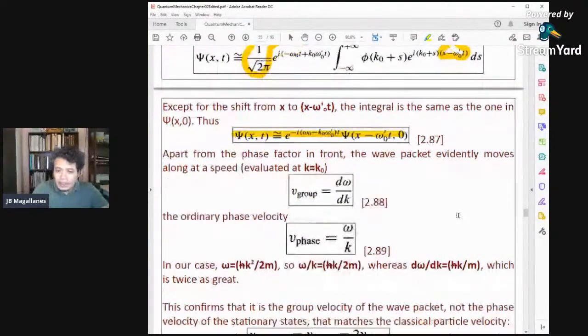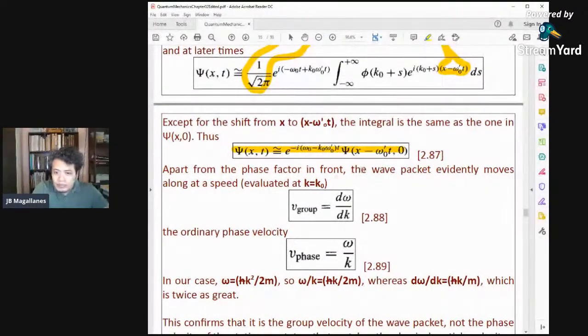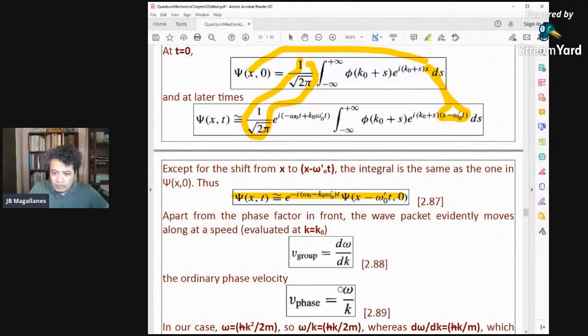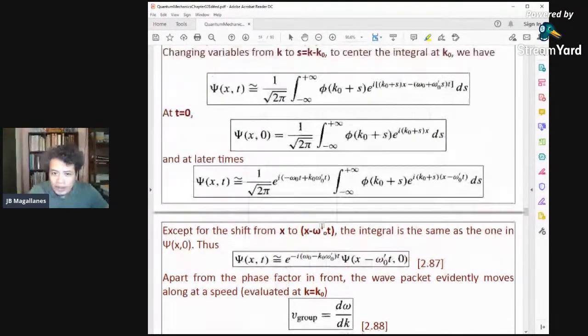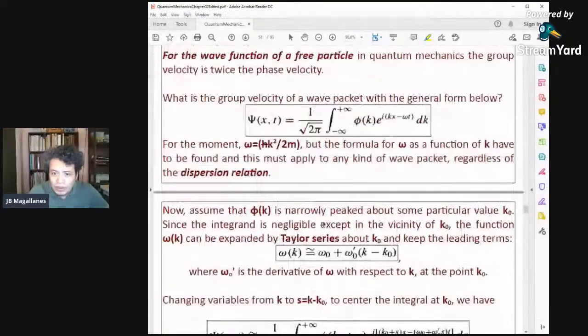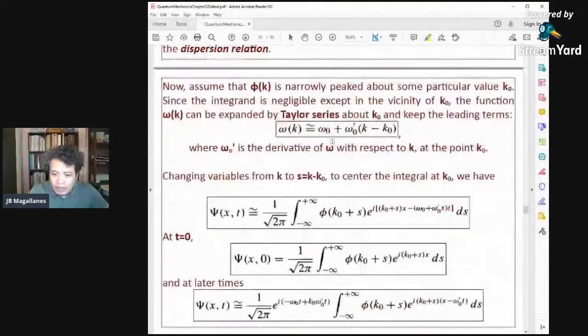So anyway, now your wave function has a phase factor here. If you compare this with this one, it has a phase factor.